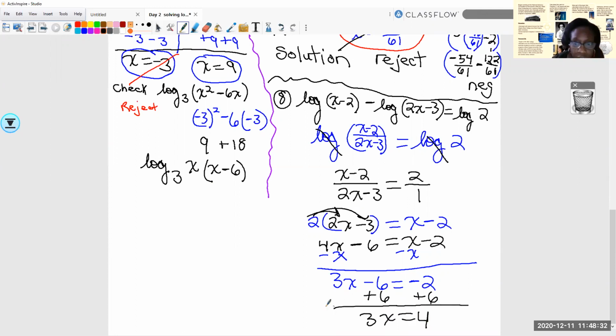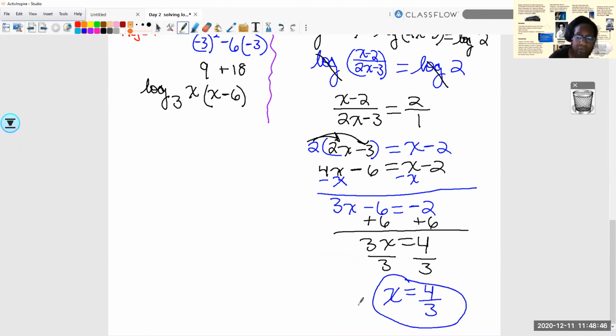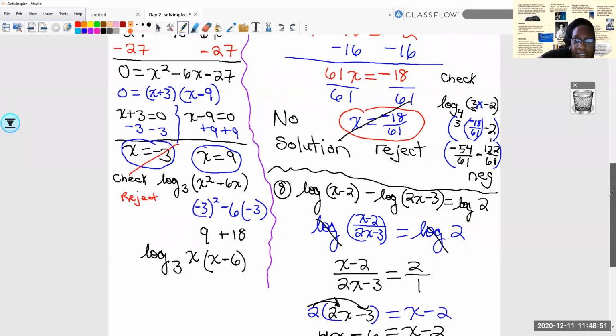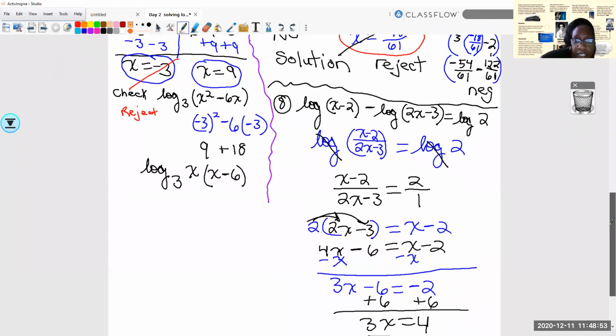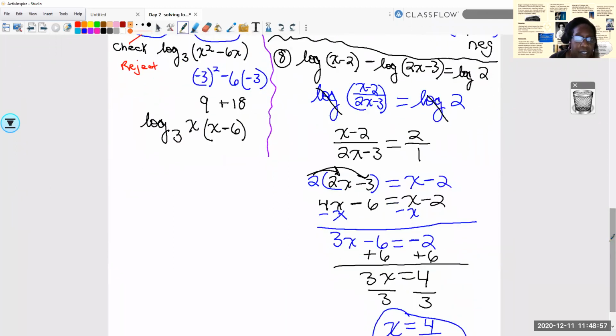And x looks like it's going to be 4/3, which is positive. Okay. Positive, yeah. Let's look at the substitution in here.